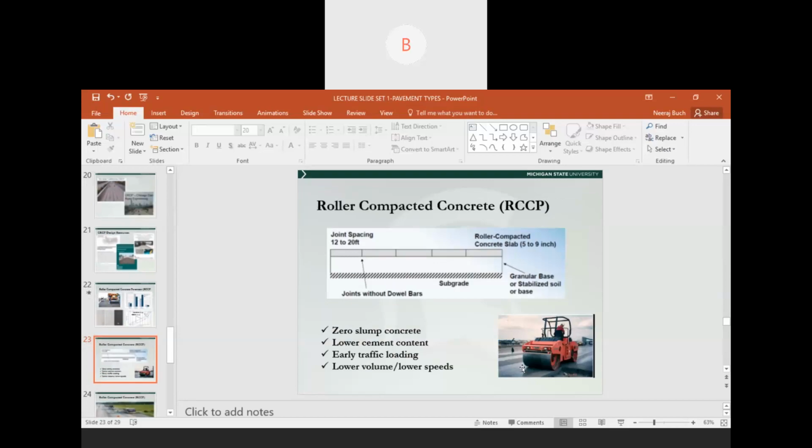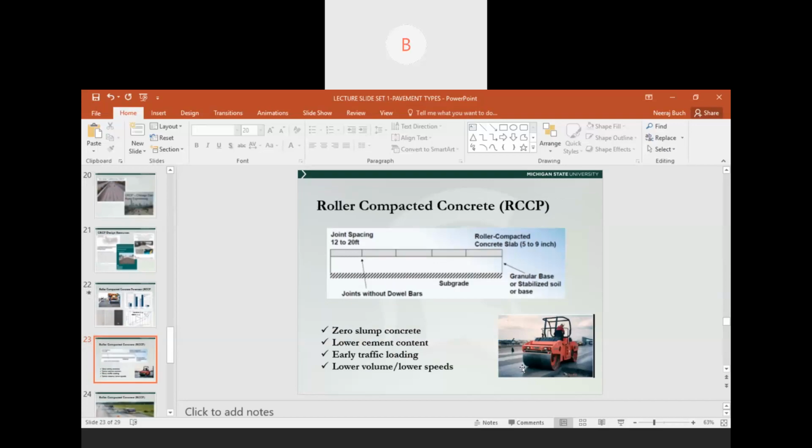Generally speaking, roller compacted concrete pavements are not used for interstate or highway applications. They're used in places where there is low volume traffic or slow speeds of traffic. So parking lots could be constructed using roller compacted concrete. Loading docks can be constructed with roller compacted concrete because you have lower speeds.